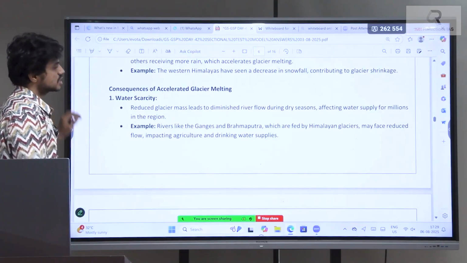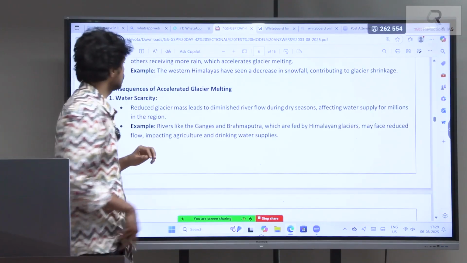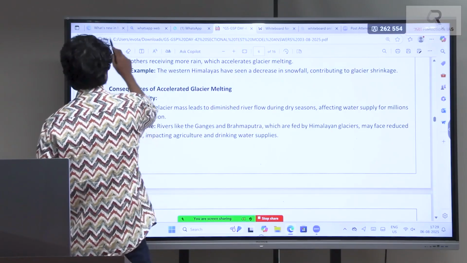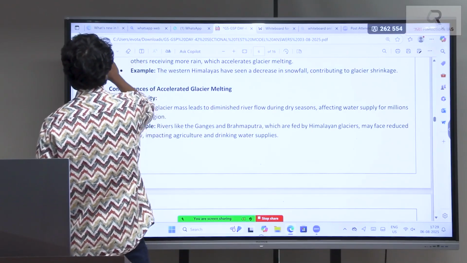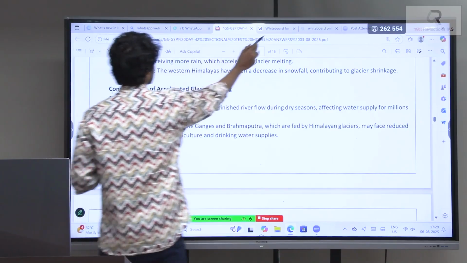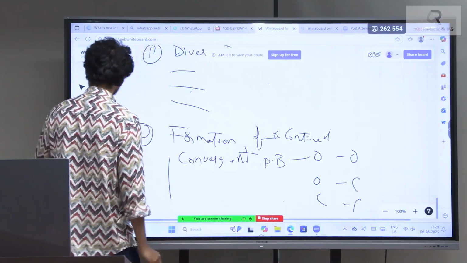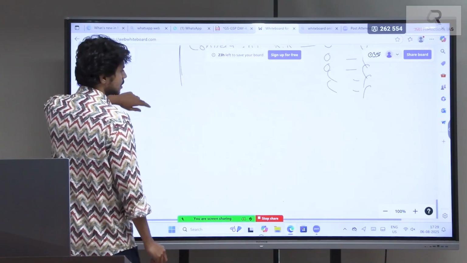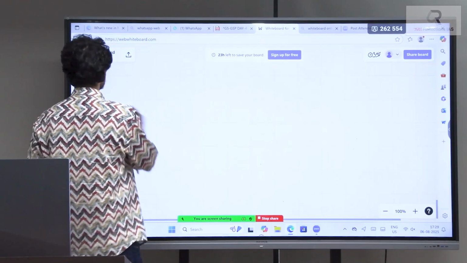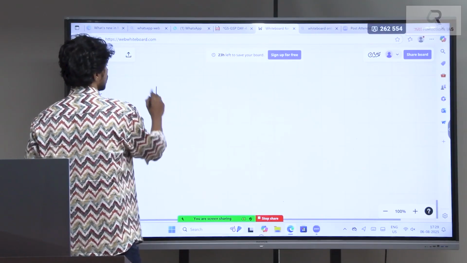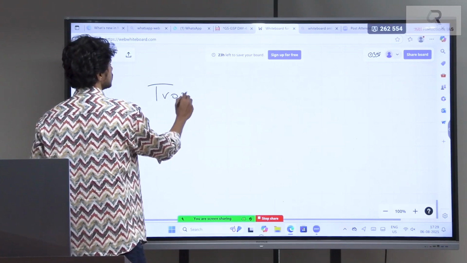Consequences ఏంటిది? See, consequences అడిగినప్పుడు you can think of consequences like this one heading I can use is. So geography లో ఇది మీకు చాలా యూజ్ అవుతుంది. I prefer this thing. Consequences or impacts మాట్లాడేటప్పుడు I use this framework. Consequences on the troposphere.